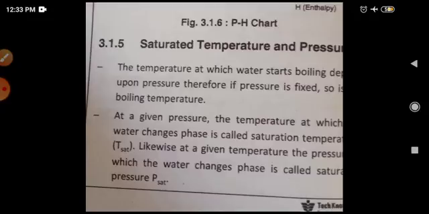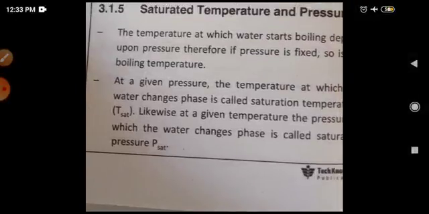For a specific pressure, the boiling temperature is specific. At a given pressure, the temperature at which the water changes phase is called the saturation temperature. Likewise, at a given temperature, the pressure at which the water changes phase is called the saturation pressure.